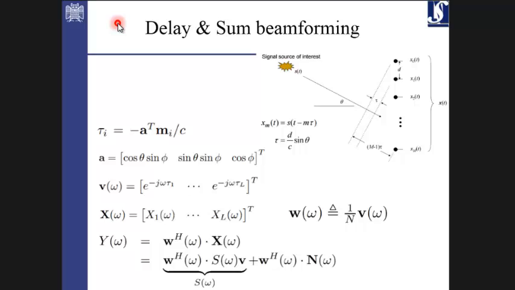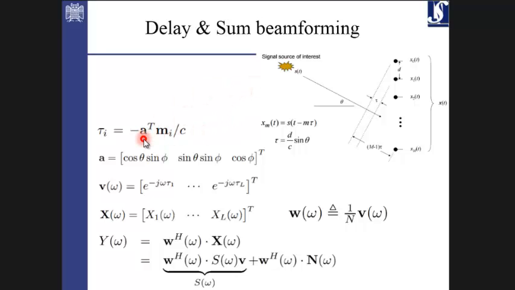So in the vector form, this time difference of arrival can be represented by m_i, which is the position of the microphone, times A, which is called the array manifold vector or array propagation vector.